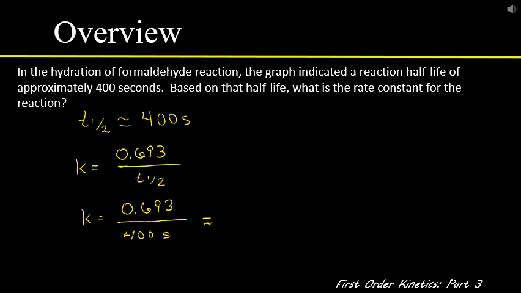If you put that in your calculator, you get 0.00173 per second. And I think when we did this using the natural log graphs, we got 0.00172. So this half-life was an estimate, so we didn't get exactly the same number, but we got something really close.